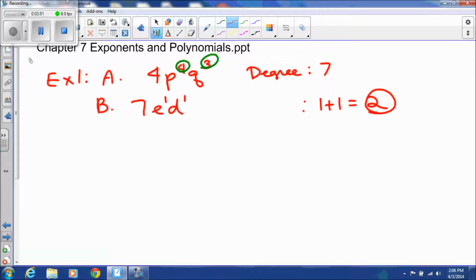One more example of this type, and this is true for any constant. Remember, a constant is a number that stands alone. If there is no variable in your monomial, we say the degree is 0. So the degree of any constant is 0.